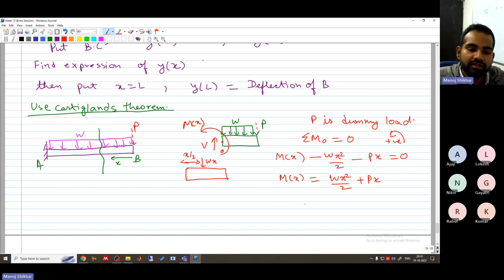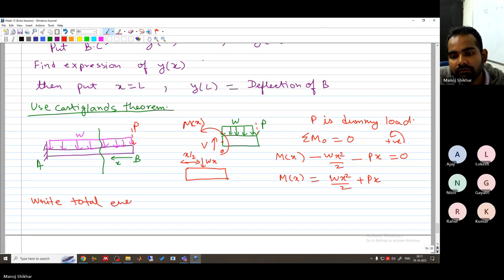Then we have to write the total energy, so Mx square upon 2EI.